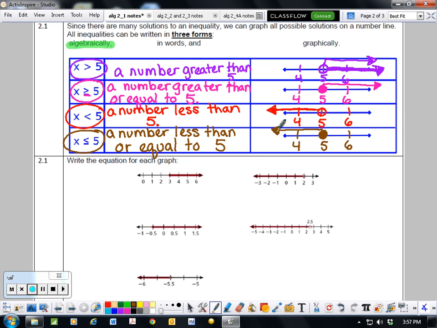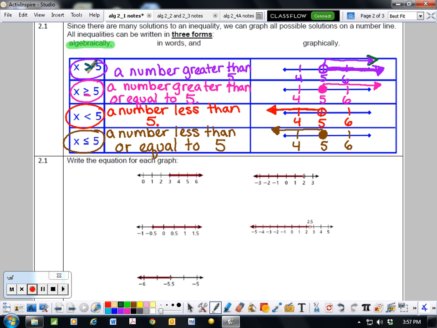So I want to take a minute and talk about something that's not actually listed on here. And that is the idea of our arrow direction. So in our first example here, our arrow direction is pointing to the right. And you'll find that our symbol is pointing to the right.